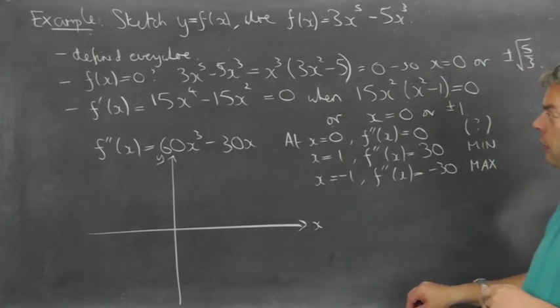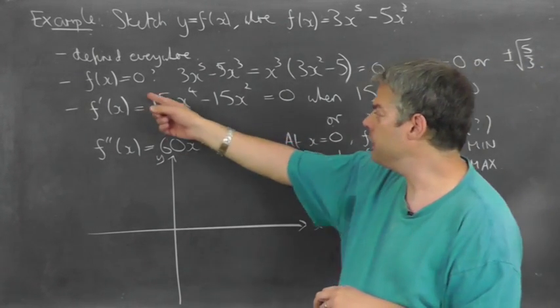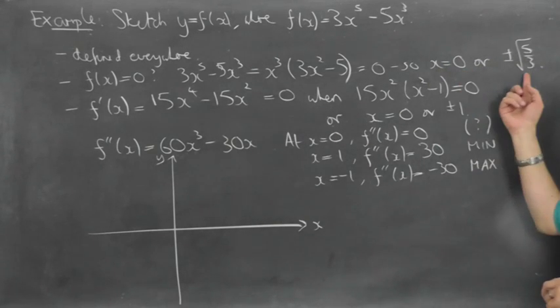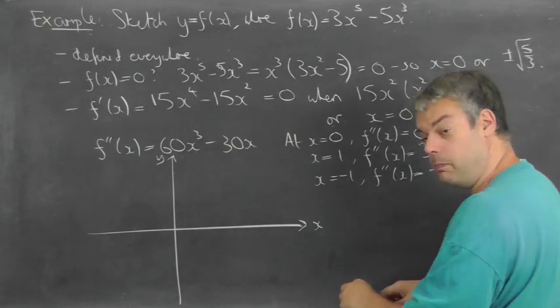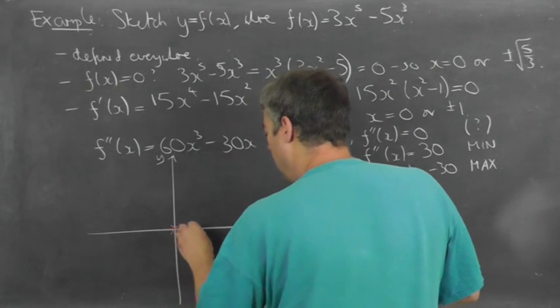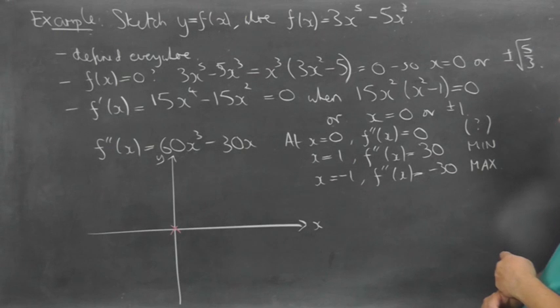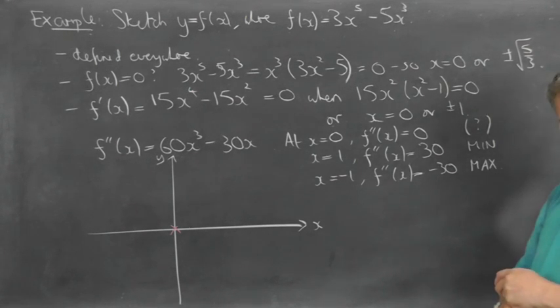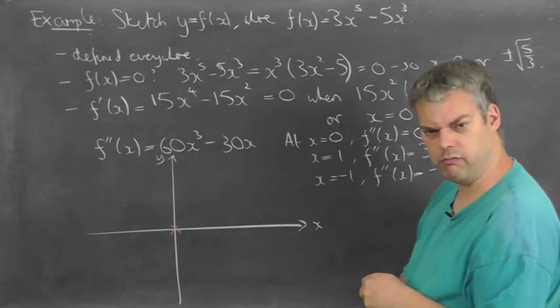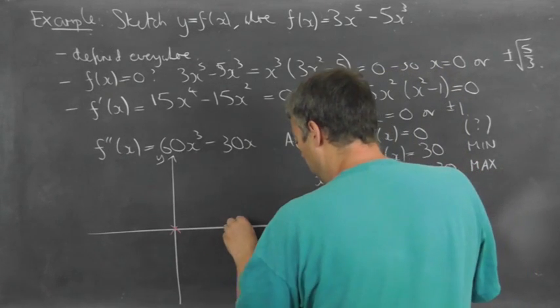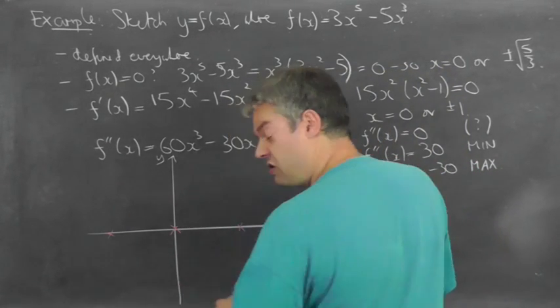So, first of all, f of x equals 0 at 0 and plus or minus the square root of 5/3. 5/3 is a bit bigger than 1, and the square root's also a bit bigger than 1, about 1.3 or something. So 1.3 and minus 1.3-ish.